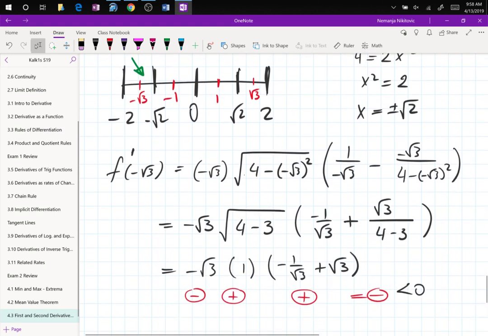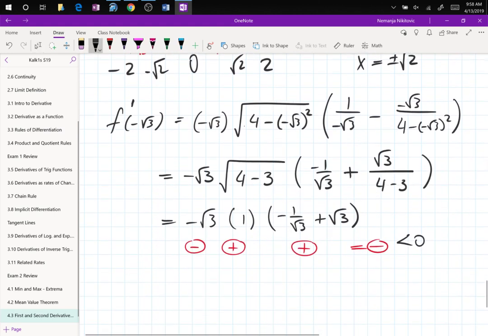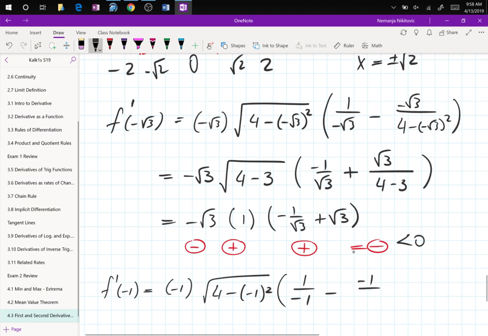So rinse and repeat for negative 1. F prime of negative 1 is negative 1 root of 4 minus negative 1 squared and then 1 over negative 1 minus negative 1 over 4 minus negative 1 squared.